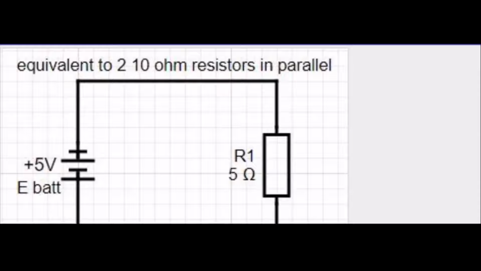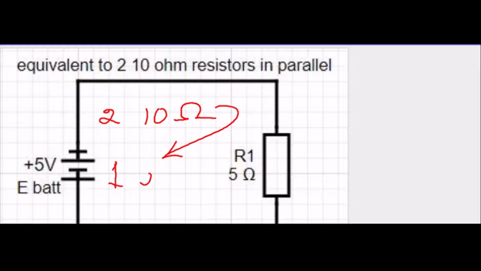So we want to go from 2 10 ohm to 1 5 ohm. Is there some math that we could do? Is there a formula we could come up with?